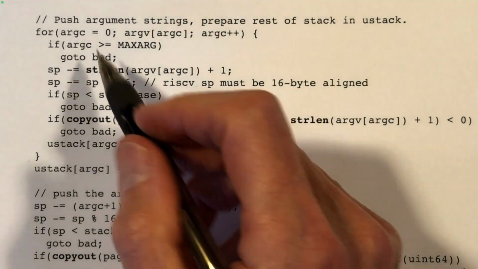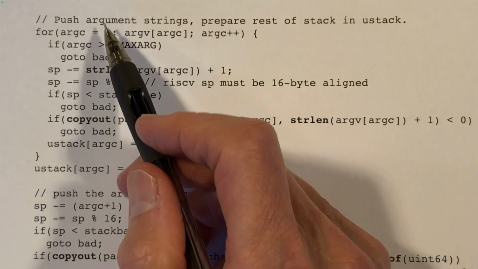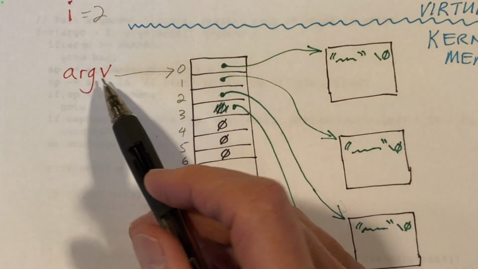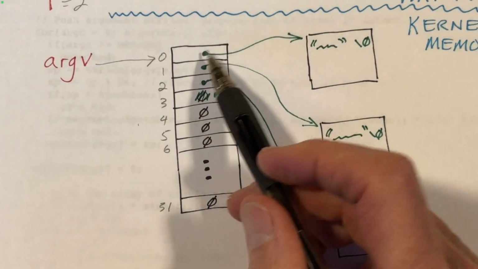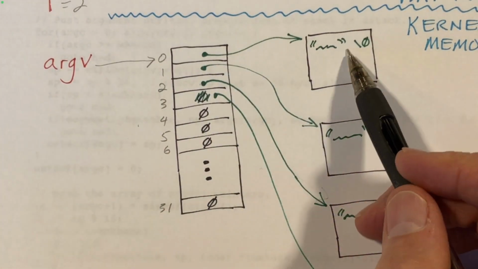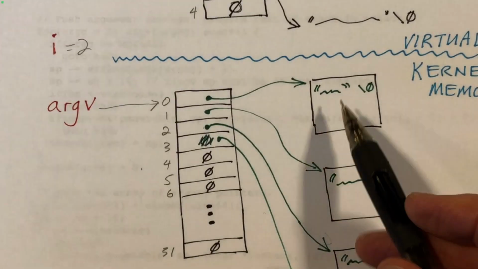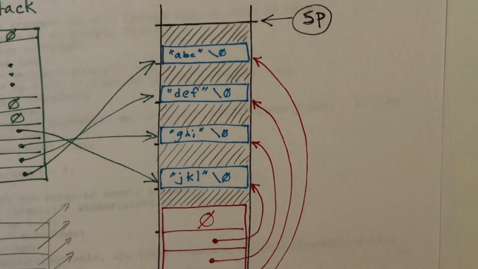Continuing with the exec function, the next thing we're going to do is deal with the argument strings. Remember that the exec function is called with a pointer, argv, to an array, and that array contains pointers to strings, and each string has been placed in a separate page in the kernel space. So here's what we'd like to get to. Here is a picture of the stack.